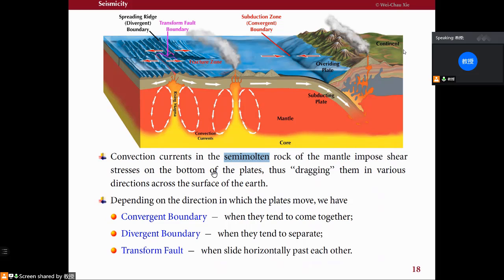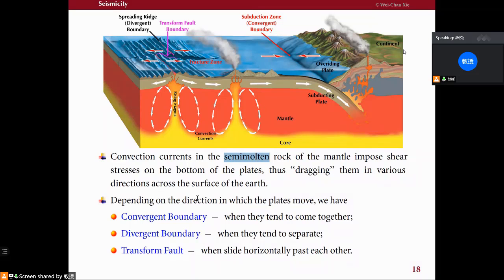So this is the convection process. Because of this, it drags the crust in various directions across the surface of the Earth. Because of this convection, the crust on top will move in different directions due to these forces.